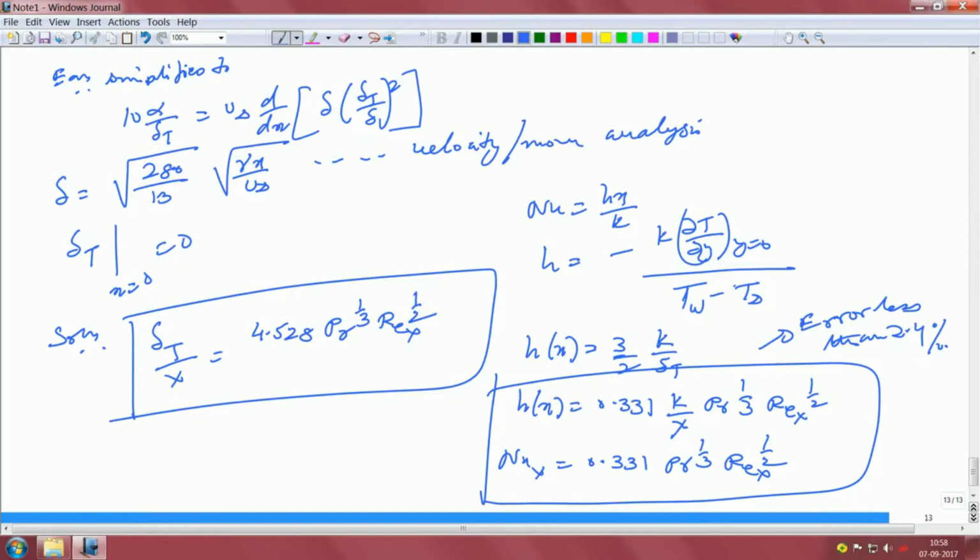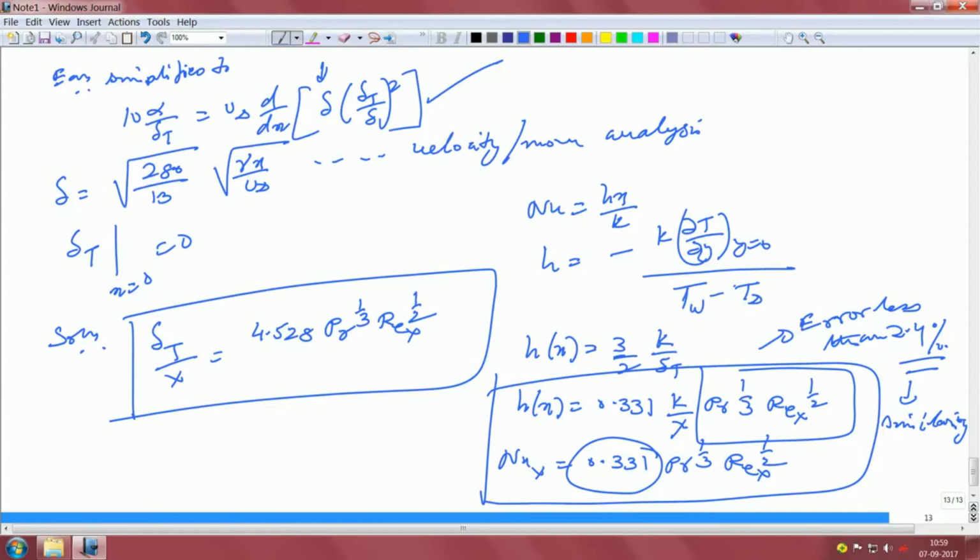All we have done is that we have got this expression, and then we just substituted for delta, and then we just integrated the whole thing, which gave us this particular form, which preserves once again that Prandtl number to the power of 1/3, Reynolds number to the power of half dependence, and the factor sits in front. The error is less than 2.4% compared to the similarity solution. I think it is a very powerful tool, as you can see, without doing much, we are able to get this perfectly fine result using just this kind of analysis.